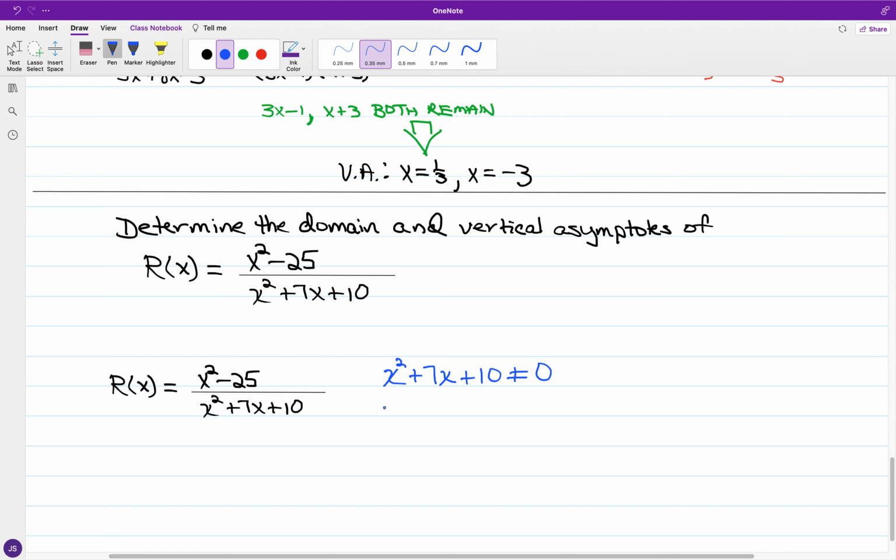And here we have this trinomial, okay, so this is factorable. So we have x squared goes to x and x. And factors of 10 that will add up to 7. Okay, so you have a positive 5 and a positive 2.